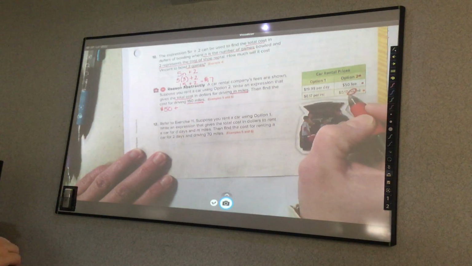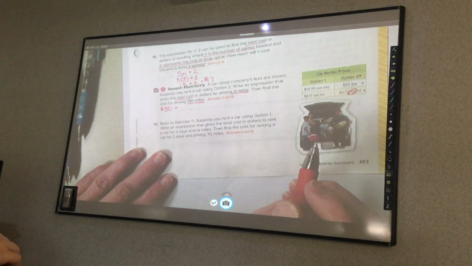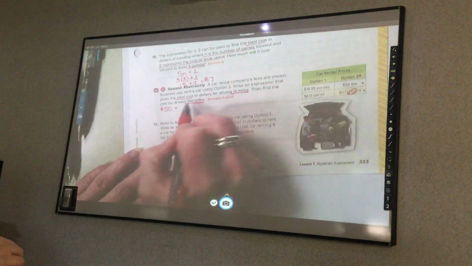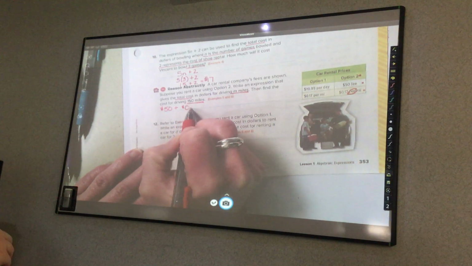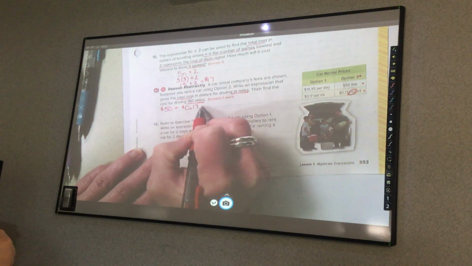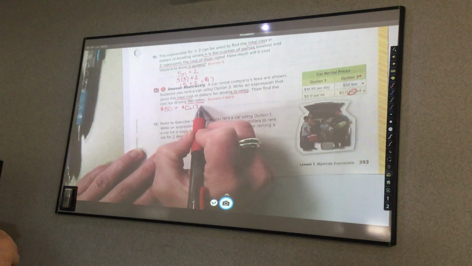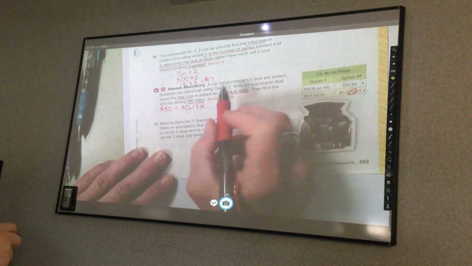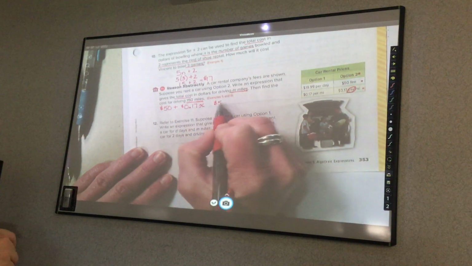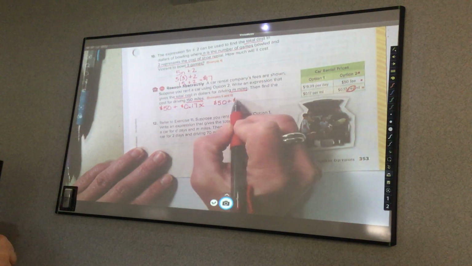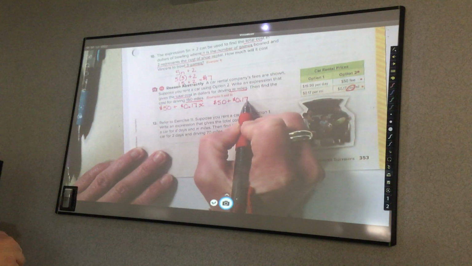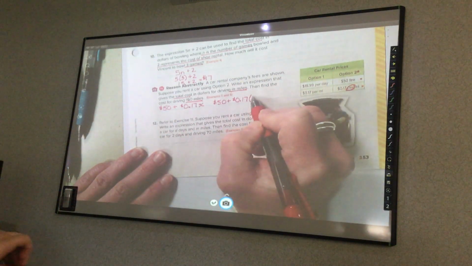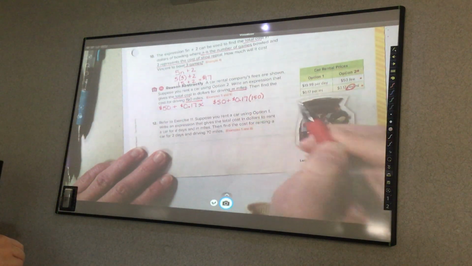If it's per mile, am I gonna add, subtract, multiply, or divide? Multiply. Per means you're gonna multiply it by that. So it would be 0.17 times, do we know how many miles? That's my X. So then I have $50 plus 17 cents, and I'm driving, now I know I'm driving 150 miles, so take that times 150.